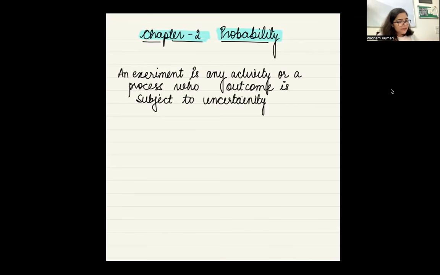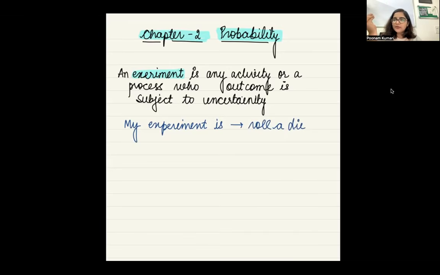what can be an experiment? Let's say my experiment is that I roll a die. So when you roll a die, what happens? So a dice or die, whatever you call it. When you roll a die, what can happen?